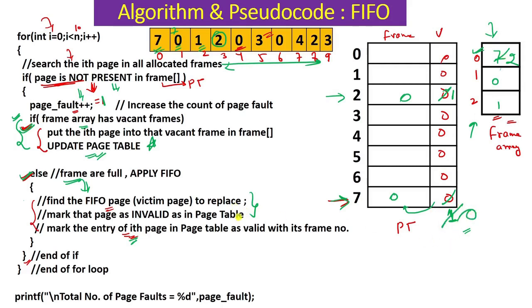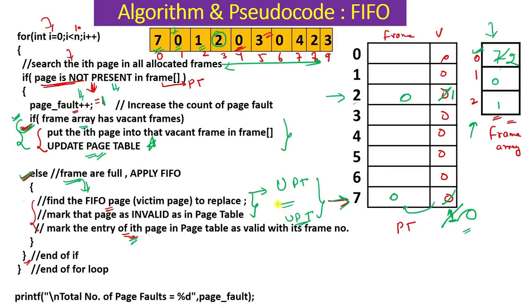That means here first I have to update the page table for 7. Then I'll put 2 in frame 0, and after that again I will update the page table for 2. So here the page table update will be done 2 times, and in the if part only 1 time.